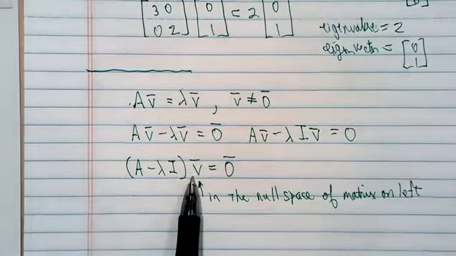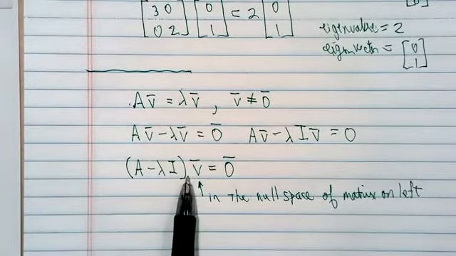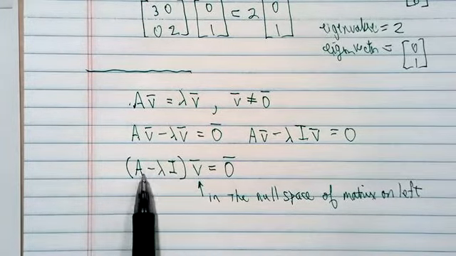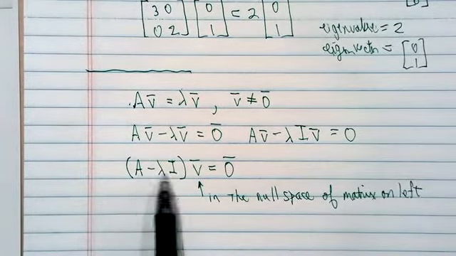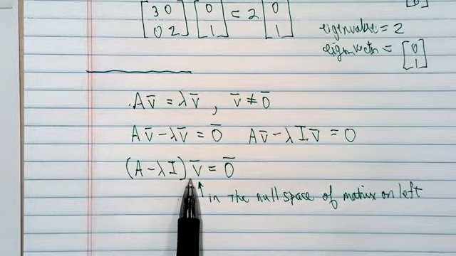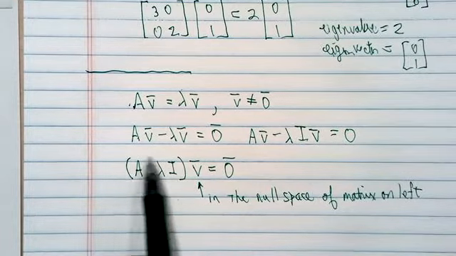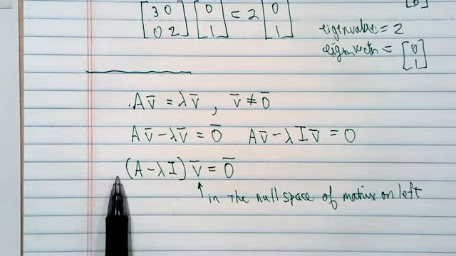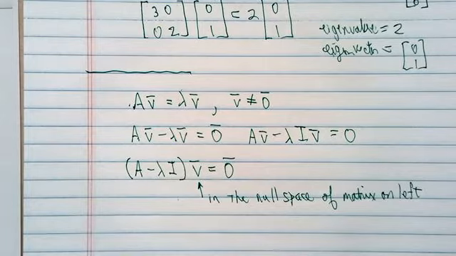And we know that the null space is a vector space. It's going to have a basis, and we'll be able to specify as many linearly independent options here as the dimension of the null space of this matrix. Now, some matrices do not have anything but zero in their null space.